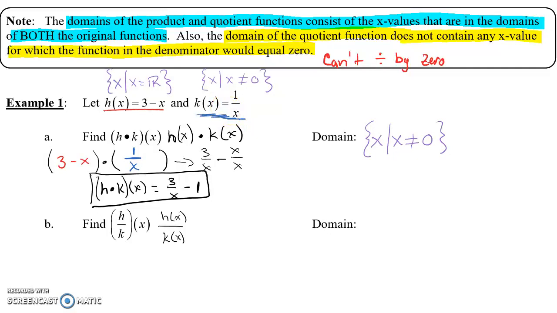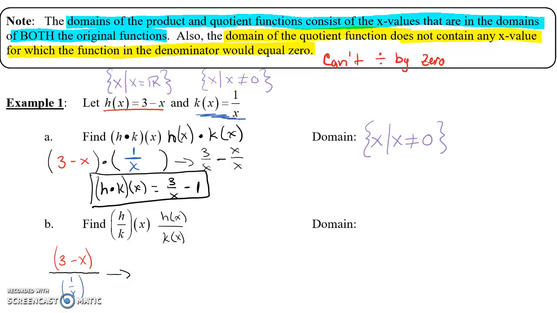So I'm not going to be worried about that second note for my domain in this particular problem. But I do have to set up my quotient function. h of x, I get 3 minus x in my numerator, and divide by k of x, which is 1 over x, in my denominator. We don't want to leave it like that. We don't want to leave it as a complex fraction.